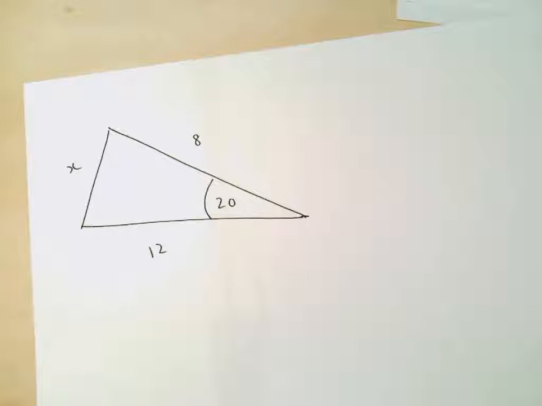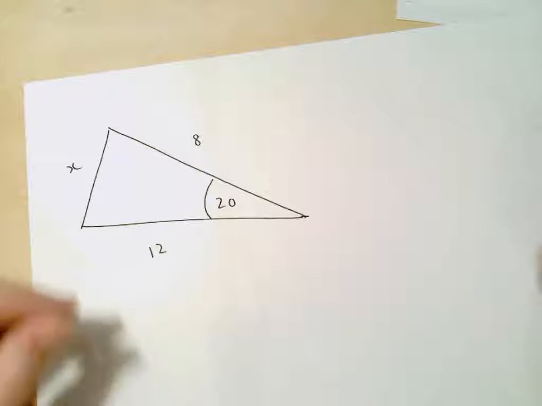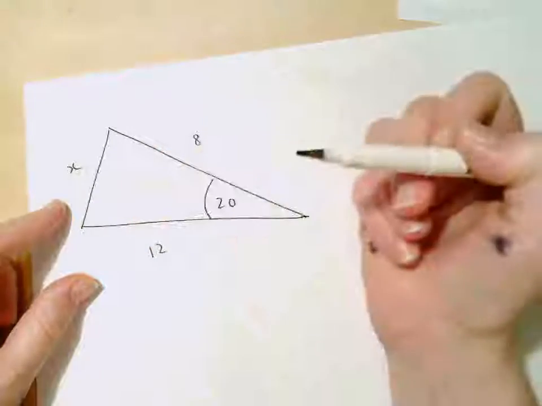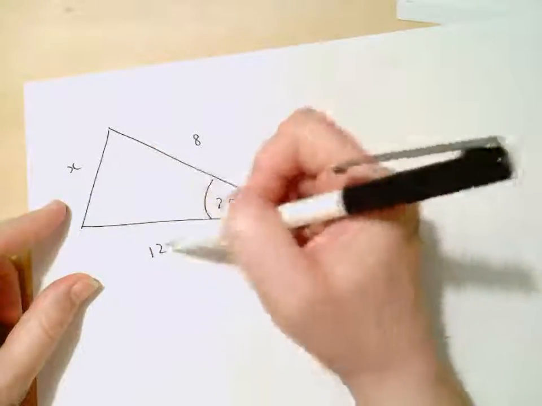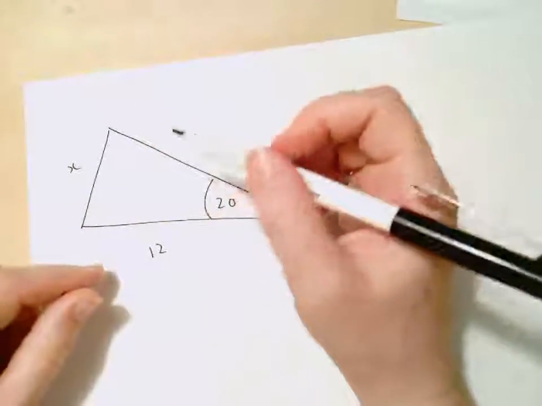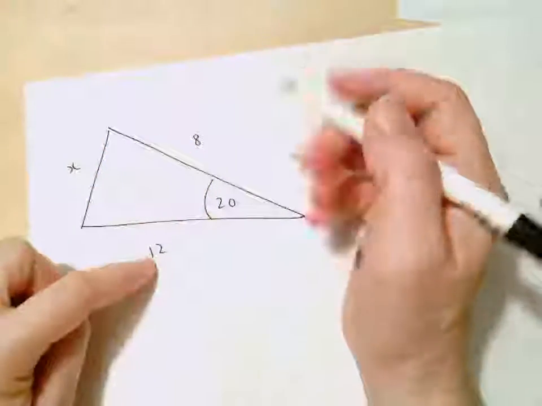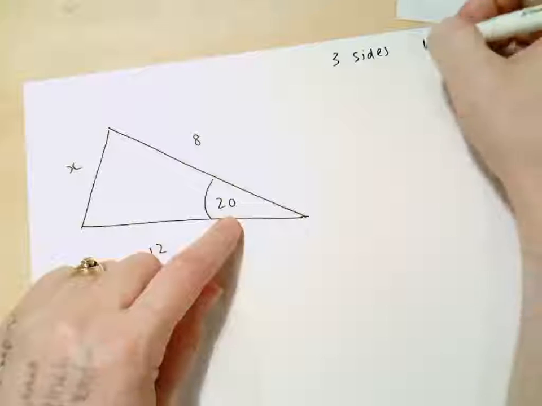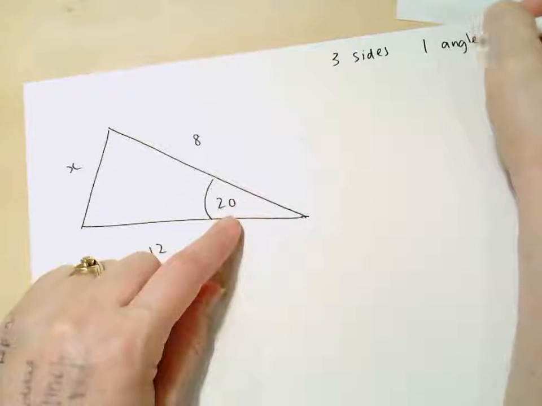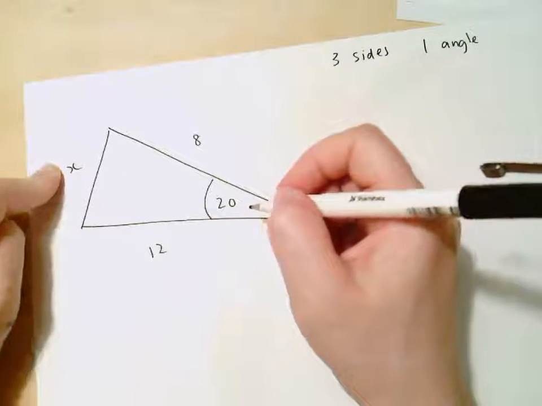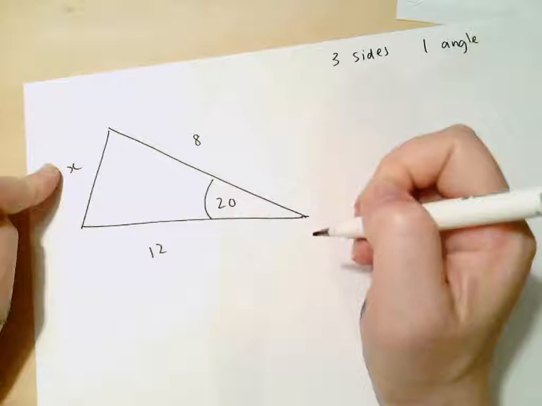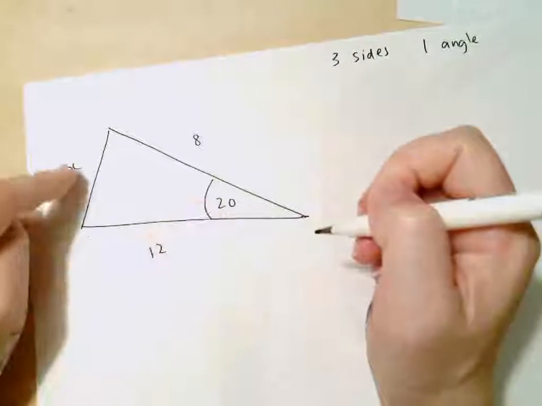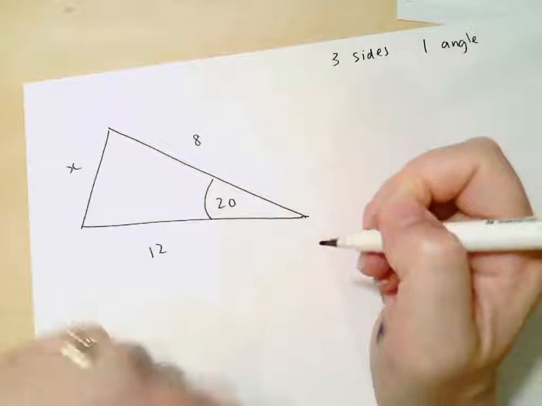So these are the classic kind of questions where you're asked to calculate the length of an unknown side given two sides and an angle. So you can see straight away that there's 1, 2, 3 sides involved in this question, and there is one angle involved. And that angle you can see is opposite the side I'm trying to work out, which is good news for us. It needs to always be opposite the side you're trying to work out.